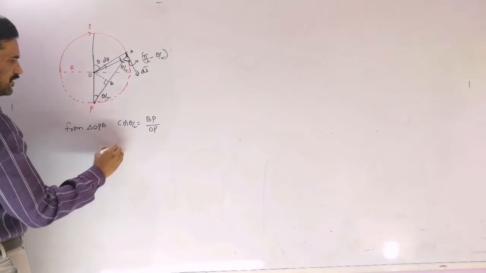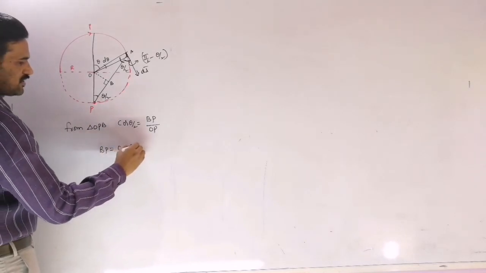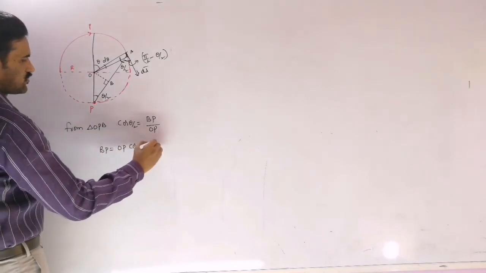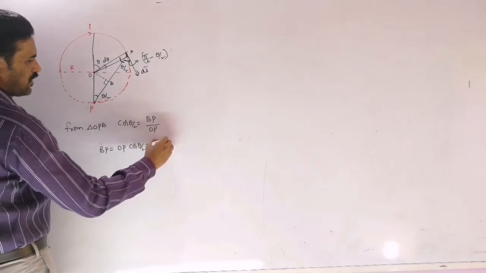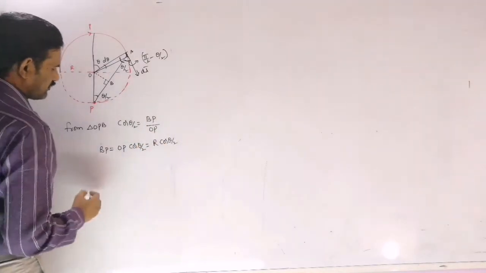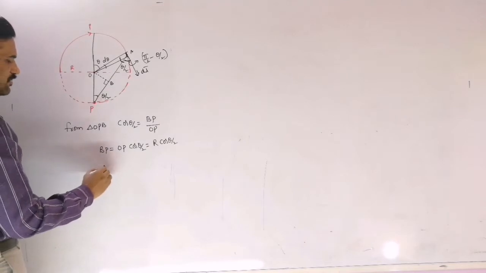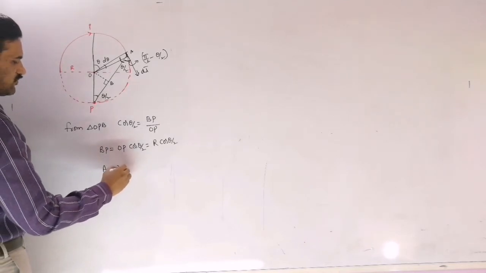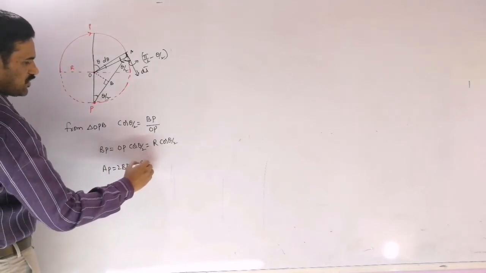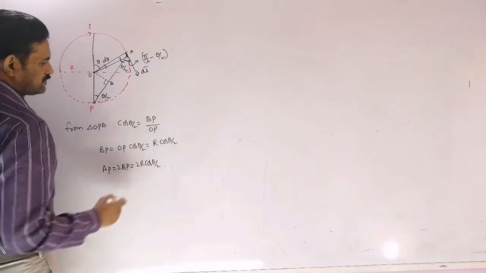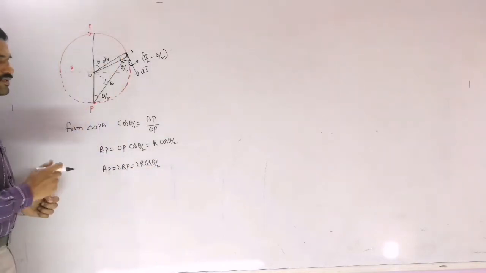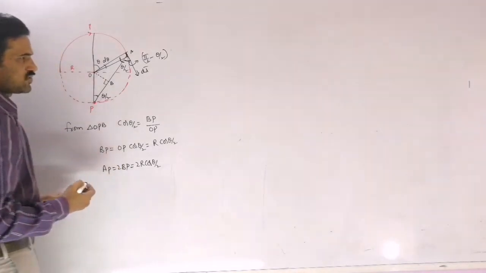Therefore BP is equal to OP cos theta by 2. OP is nothing but R, so R cos theta by 2 you can write. And so now the total AP distance we can write as twice this BP, so it is 2R cos theta by 2, this total distance. So now let us write this Biot-Savart's law for this here.